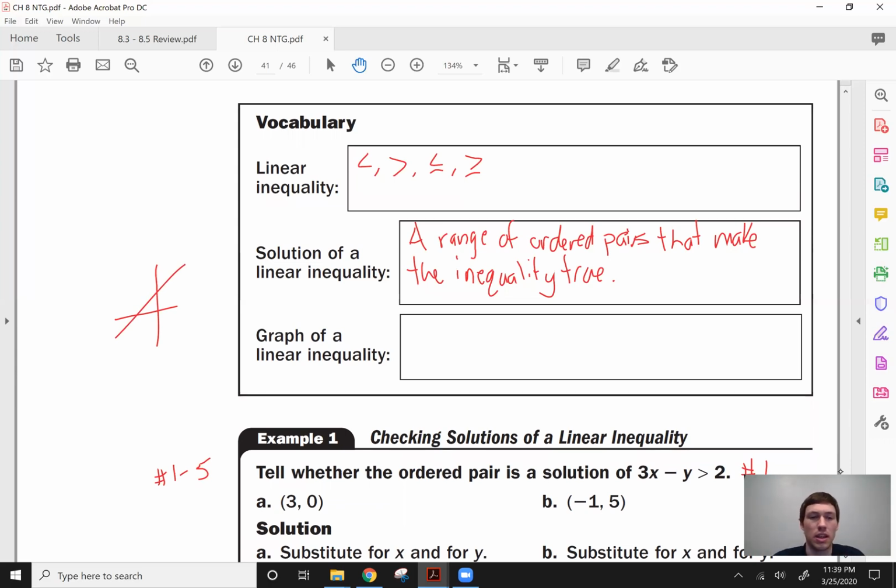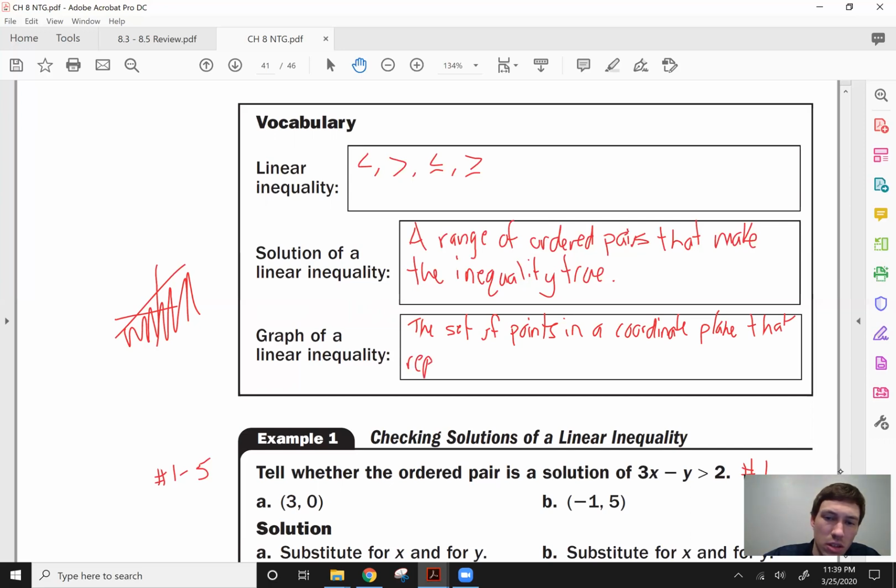Okay. Now a graph of a linear inequality, again, instead of it just being some sort of line like this, it's going to be an entire shaded region. So it's going to be the set of points in a coordinate plane that represent inequality solutions.